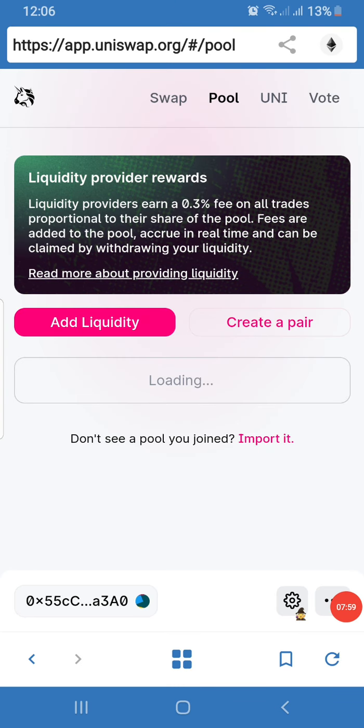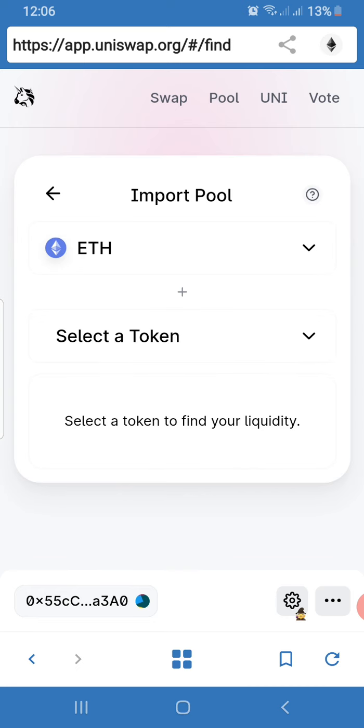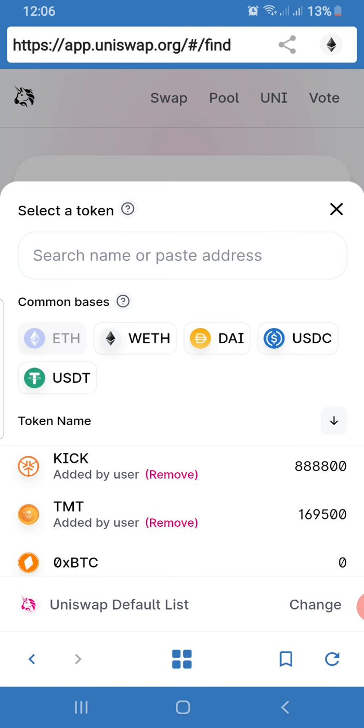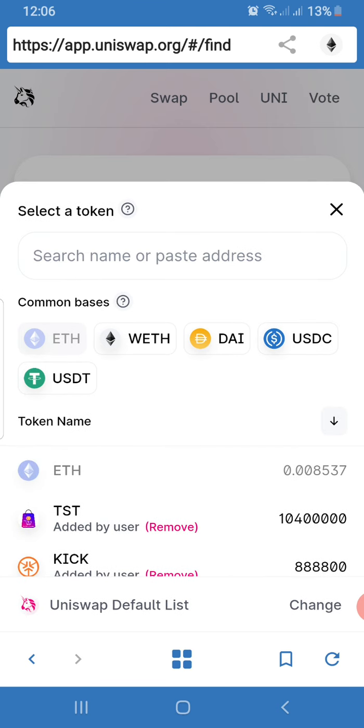All right, so let's say you get here and you don't have any liquidity pool at all. What you can do is simply go to import, and select TST. If TST is already added to your list of Uniswap tokens, you can just select it from your list.